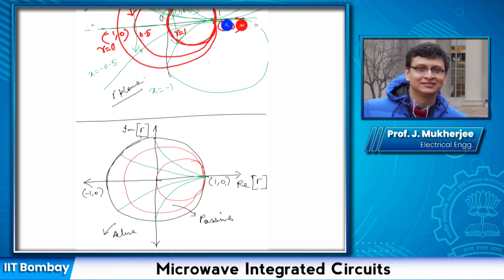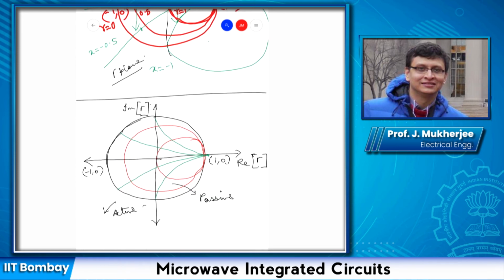You can check that out. All passive devices can be considered to have impedances or reflection coefficients which lie inside the unit circle, and all active devices will have reflection coefficients which lie outside the unit circle.